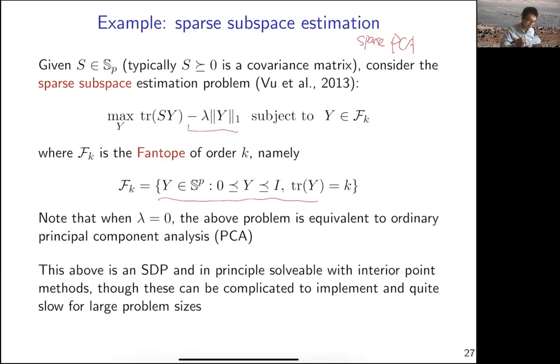So let's think about how we can solve this problem using ADMM. Notice that there are two bits that we need to deal with here that are somehow coupled with each other.